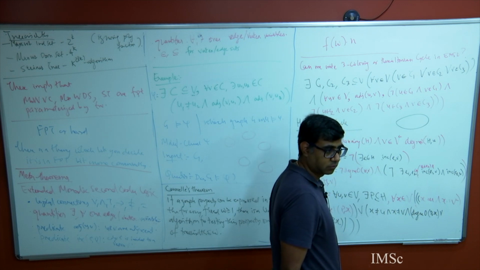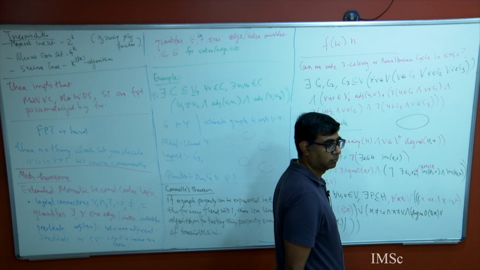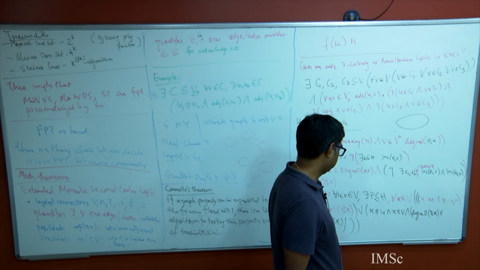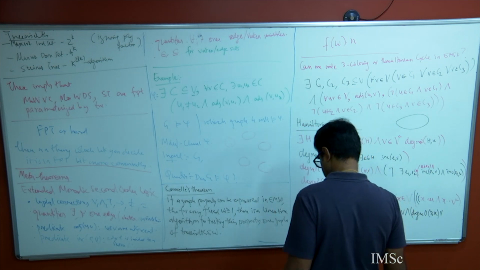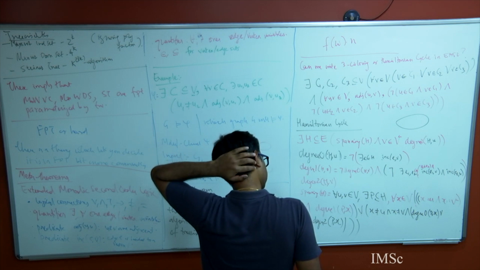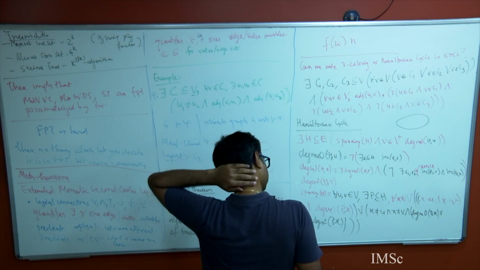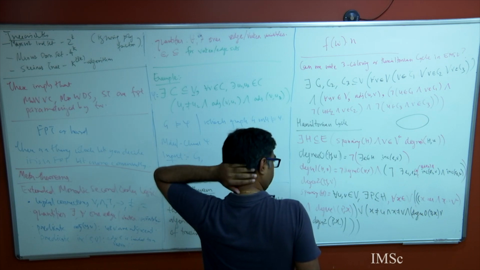For connectivity, why can't you say for every subset of vertices there is an edge in H with one endpoint in the set and one endpoint outside the set? Maybe we can say that.